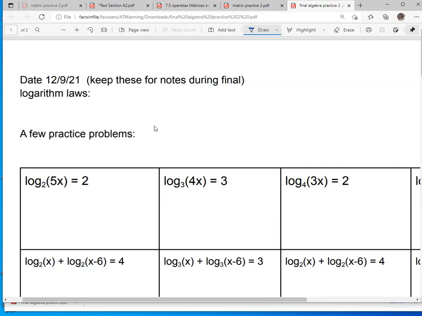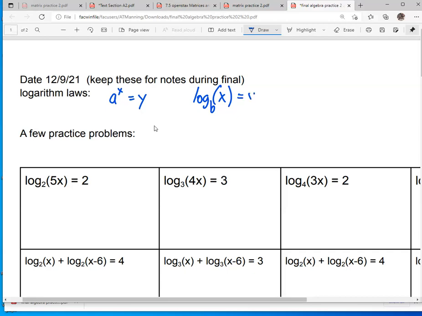Remember the whole deal with logarithms, as we have some kind of exponential equation, like a to some power x equals y. Logarithms help us solve problems like that. When we say logarithm base b of some number that I like to put in parentheses, x, they don't always put that in parentheses, of x equals y.